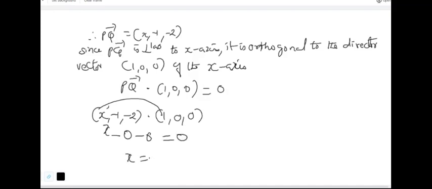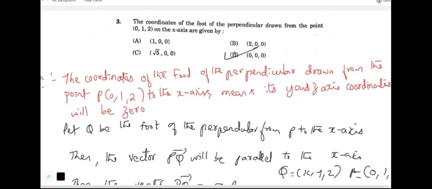So x is equal to 0. Hence it is proved x equals 0. That is option number D.